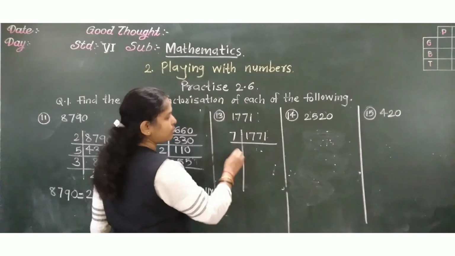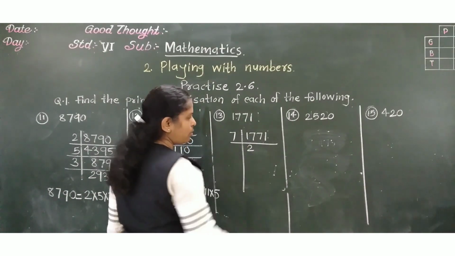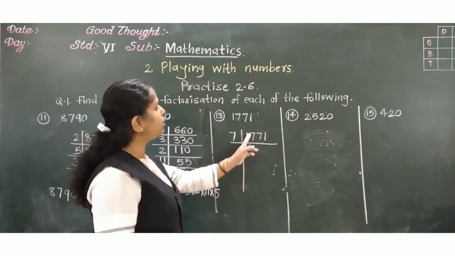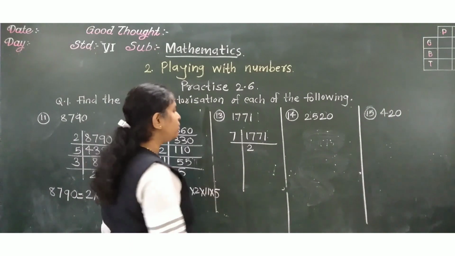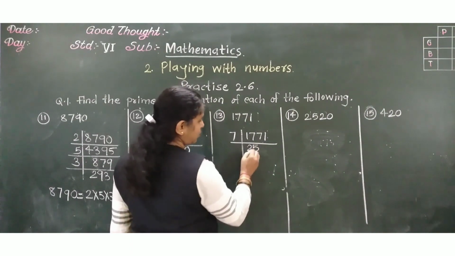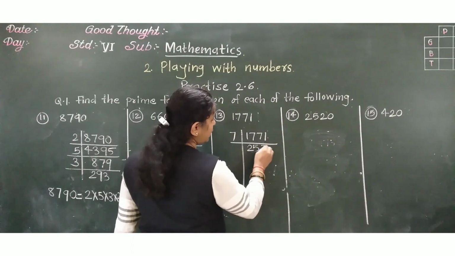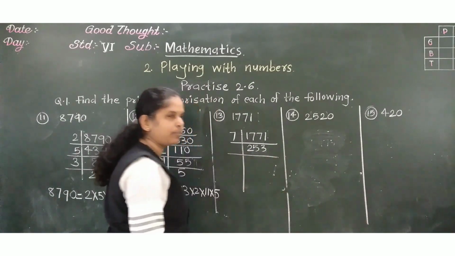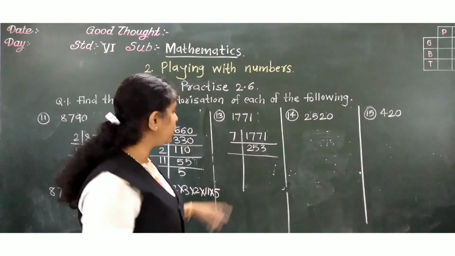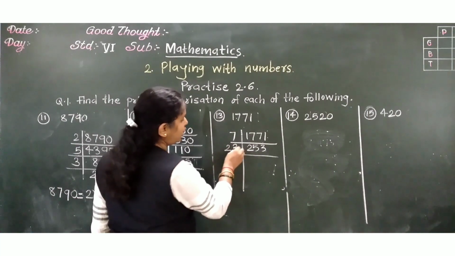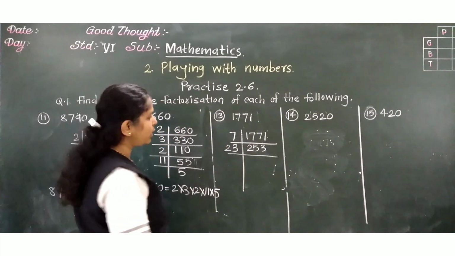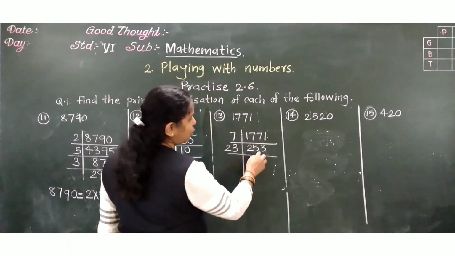So divide it. 7 2s are 14. Then 17 minus 14 is 3. It will become 37. Again 7 5s are 35. 2 will remain and 7 3s are 21. Okay. Now if you look at the number 253, it is divisible by 23. 23 ones are 23. 2 will remain.